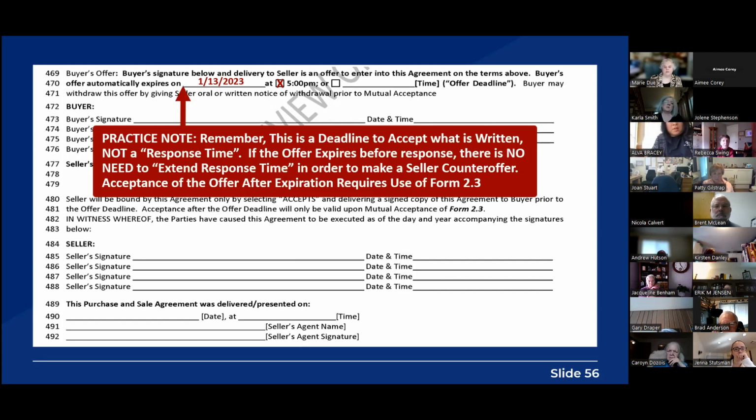If the offer expires for the response, there is no need to extend the response time in order to make the seller counteroffer. Acceptance of the offer after expiration requires the use of Form 2.3. So what it says is that if they need to accept it by this time, and that we're doing counteroffers in it as well. You want to make sure that you understand that time frame is for the offer and counteroffers.